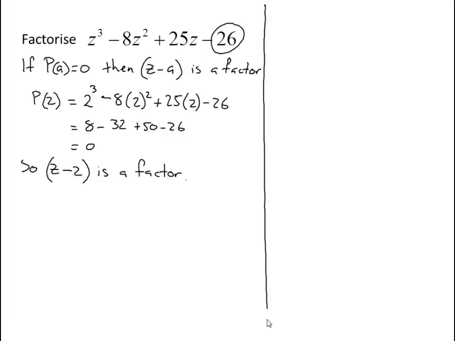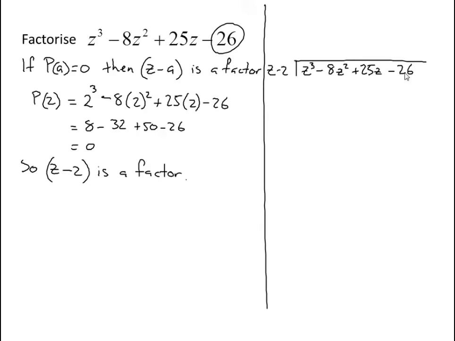We're asking ourselves, how many times does z minus 2 go into z cubed minus 8z squared plus 25z minus 26? Well, we just do the same process as before. Divide.